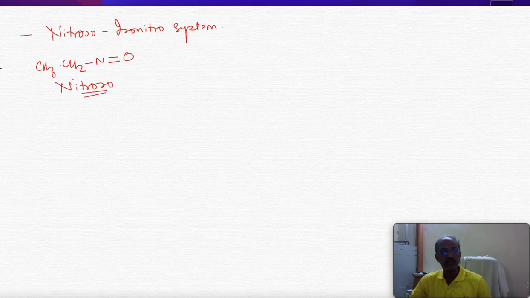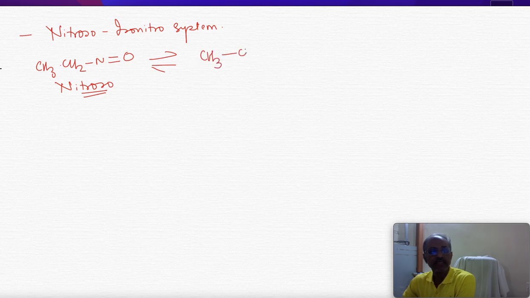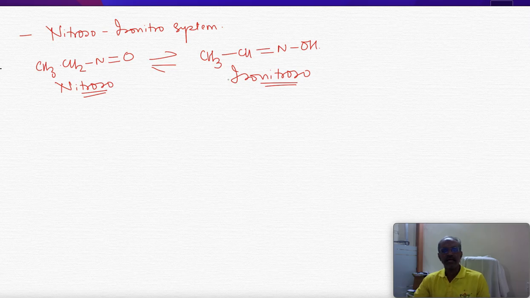Now, I will say CH3 dash CH double bond NOH. This H will go here. This is known as isonitroso. That means the shifting of the hydrogen atom to the third atom. 1, 2, 3. So this is nitroso, NO is known as nitroso, and this is isonitroso, right?